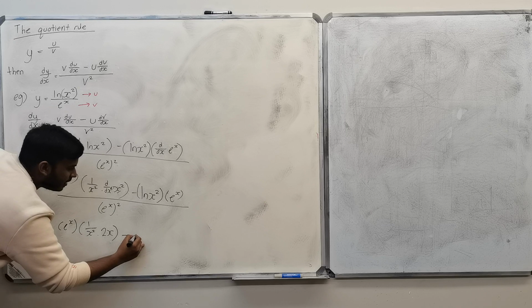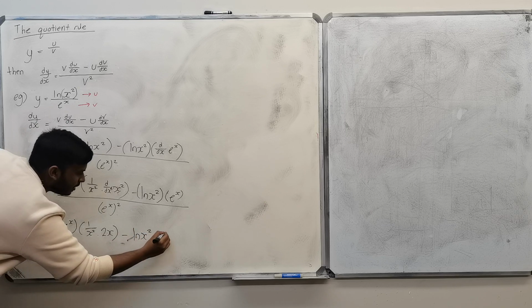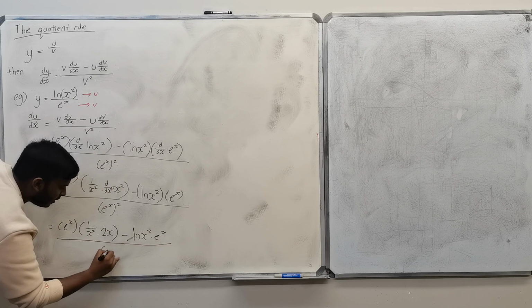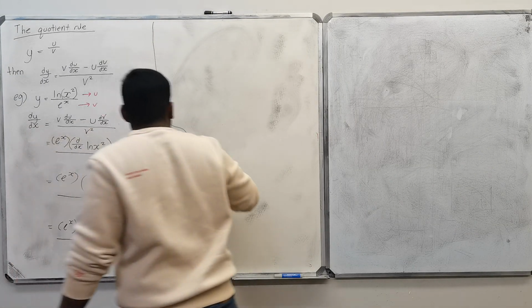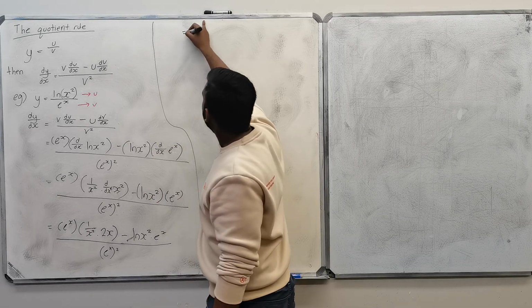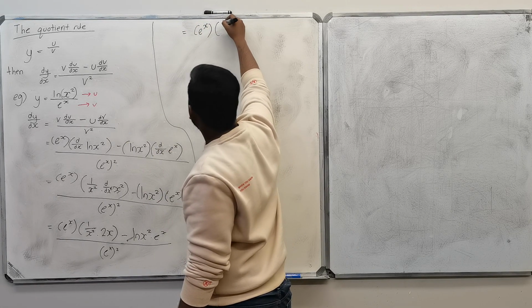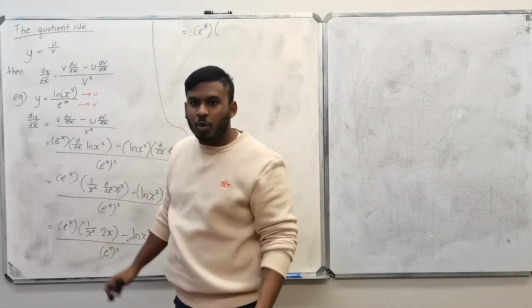Minus ln of x squared times e to the x, all over e to the x squared. Then it becomes e to the x times 2x over x squared, which is 2 over x.